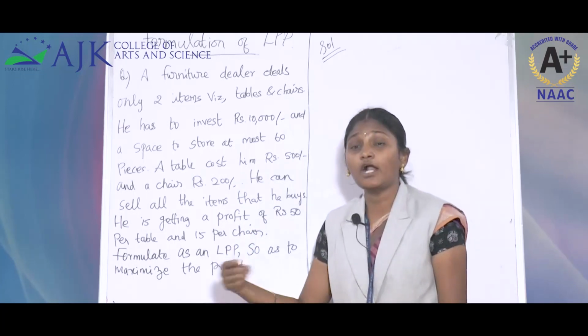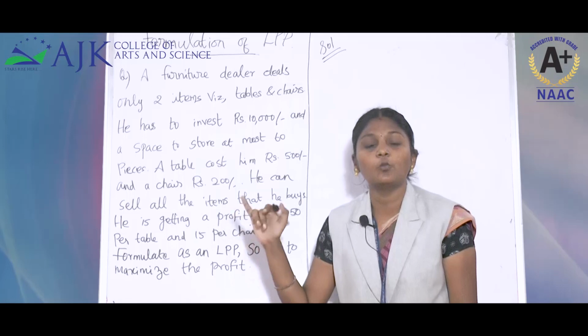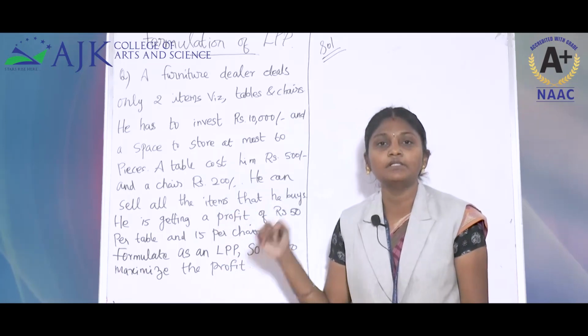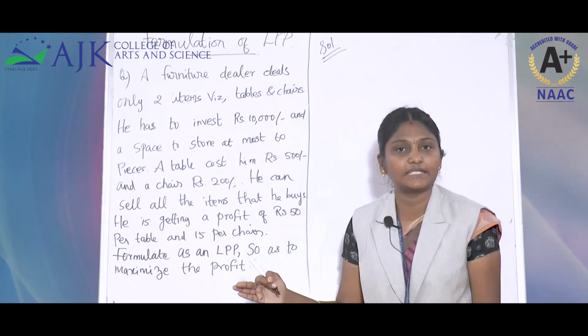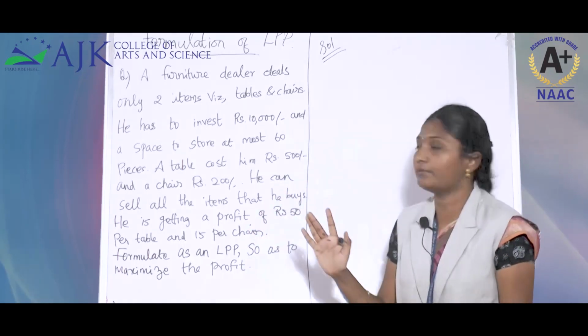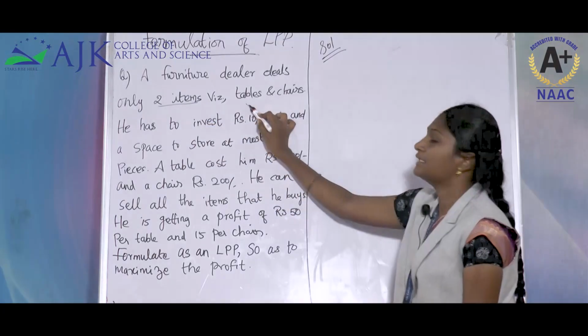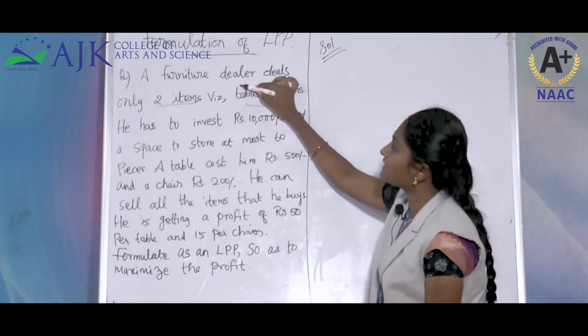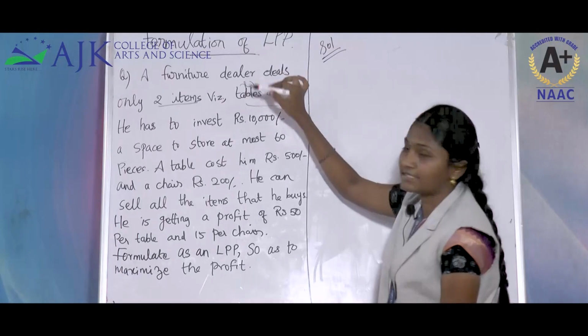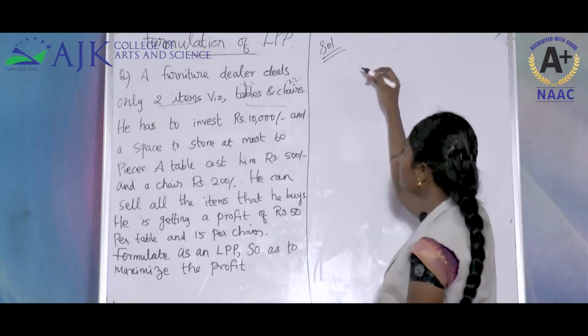I think you all remember that the LPP has four main parts. What are the main parts? Variable, objective function, constraint and non-negative restriction. First we find the variables. Here they have given two items. What are the two items? Table and chair. So let us take our variable x1 as table and x2 as chairs.